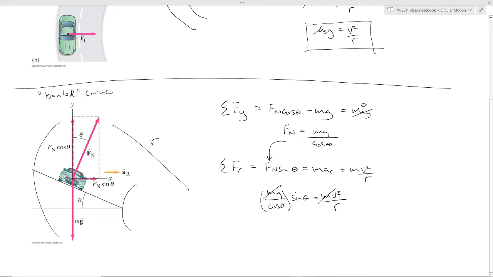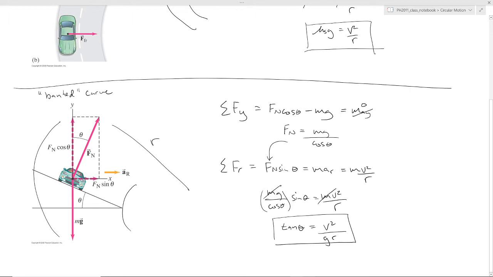That appears on both sides. And we can consolidate this a little bit, dividing our sine theta by cosine theta, and dividing through by g. We have a nice expression that relates the banking angle to the velocity of the car around the curve and the radius of the curve.